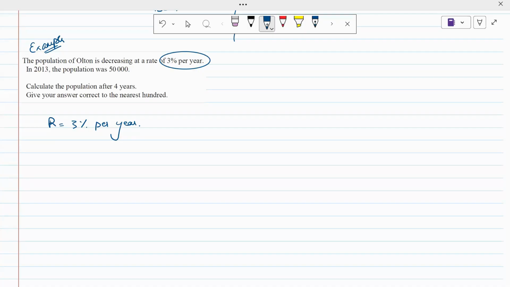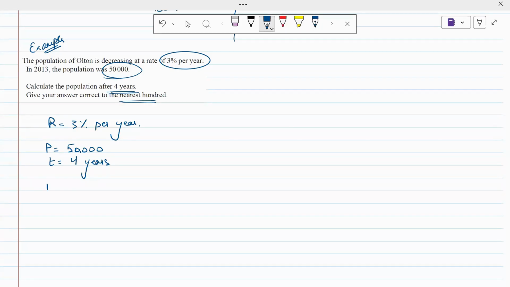Calculate the population after 4 years. After 4 years means this 50,000 would become the initial value for us, which is P. So P is 50,000, the initial value. Time, that's 4 years. And we have to give the answer correct to the nearest 100.